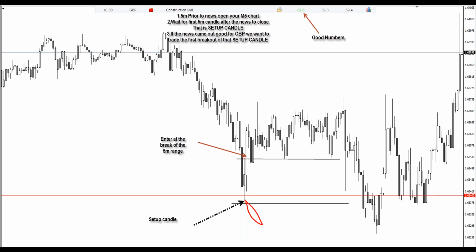And it happened 5 minutes after the news. As soon as the candle closed, mark the range. This is high, this is low. If the pair immediately goes below, here you simply don't trade this. But if it goes above the setup candle, you trade the news.